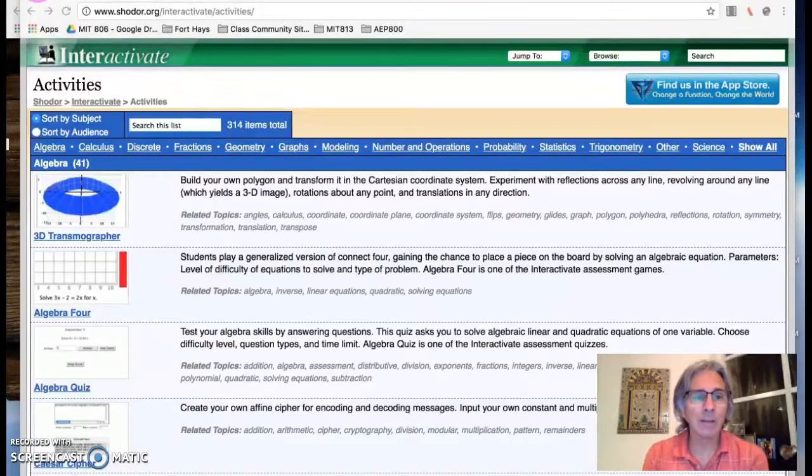Shodor.org. What I like about this particular site I found is that it has all kinds of modeling applications that allow students to experience what it looks like to understand mathematics.